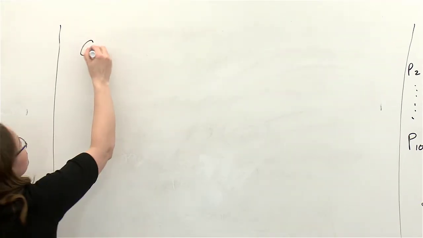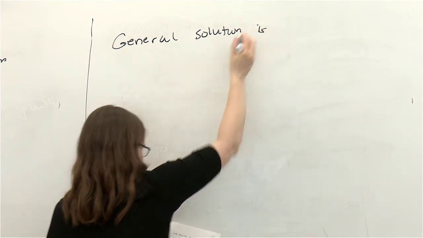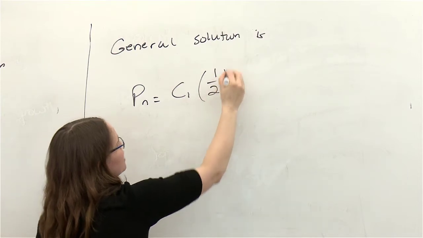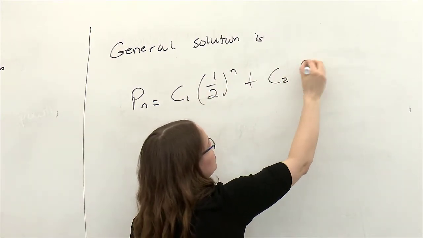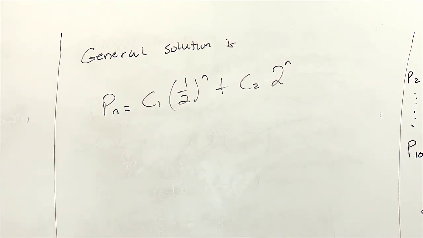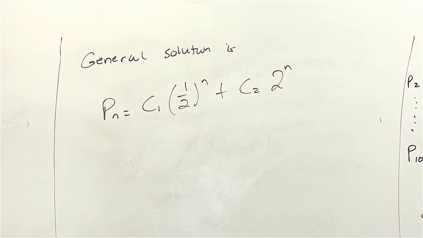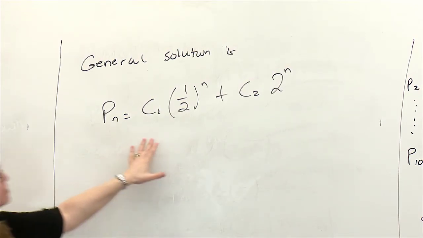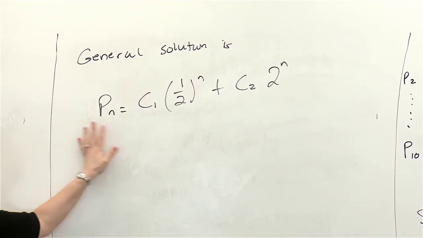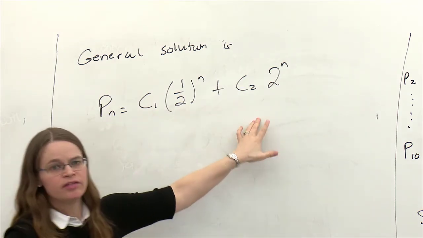Okay, so here's the general solution to the recurrence relation. Pn equals some constant times 1/2 to the n plus some constant times 2 to the n. And how do we determine the constants? We have two unknown constants. Well, they come from our two initial conditions, right? We know P0, we know P1. So by requiring ourselves to get the right values of P0 and P1, we can figure out what C1 and C2 should be.